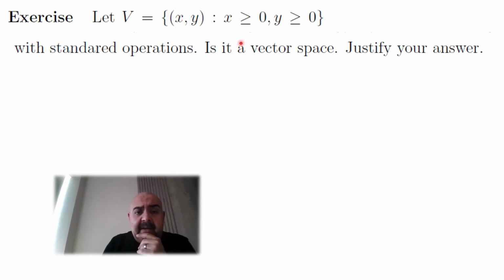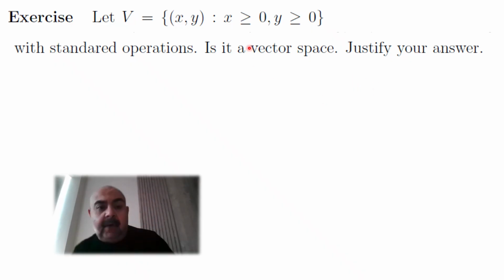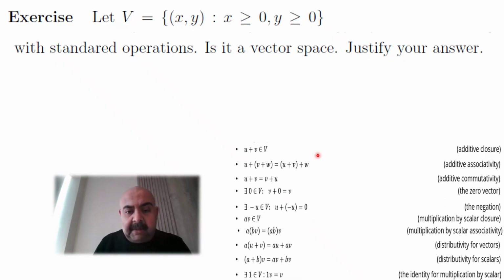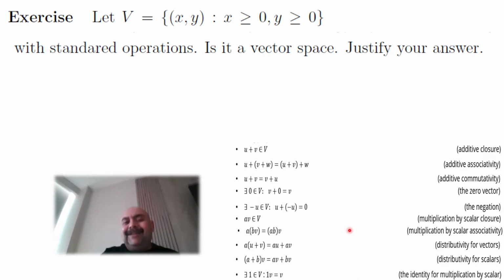I want to discover whether this represents a vector space or not. Let's remember the 10 commitments, or the 10 points. You will find some of them are satisfied and others are not. For example, the addition of any 2 points in x and y within the first quadrant will result in a value in the first quadrant.